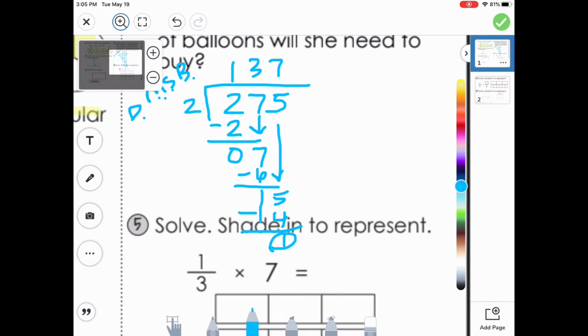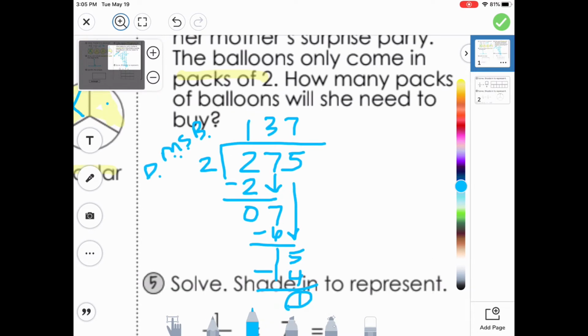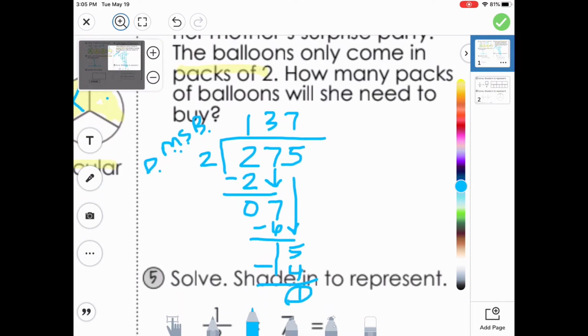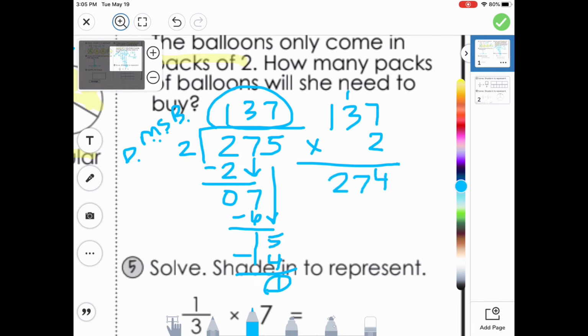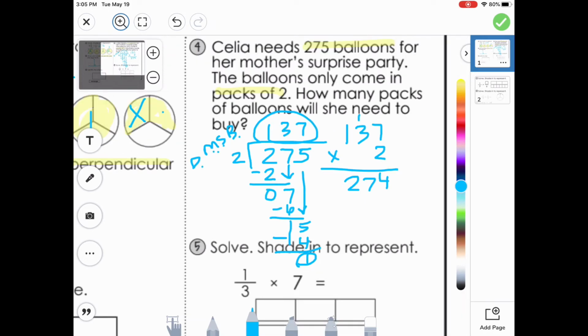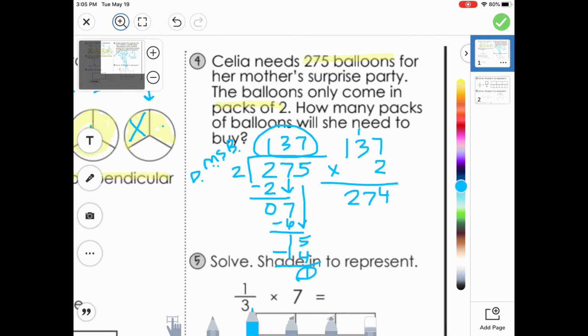Now I'm thinking about this problem, and she wanted to know how many packs of balloons to buy. So if she bought 137 packs of balloons, let's double check that, 137 times 2 isn't going to be enough. 137 packs would only give her 274 balloons, but the problem says she needs 275.